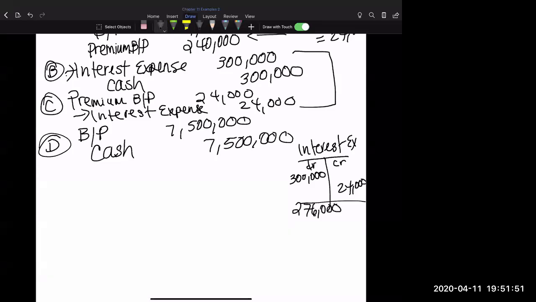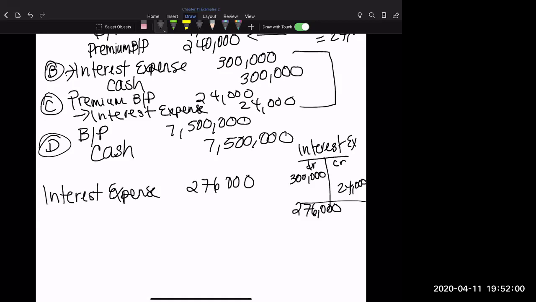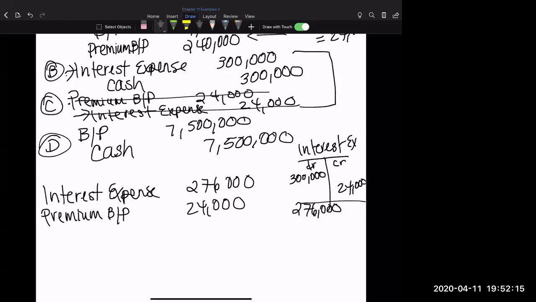So that's how I'm going to write my journal entry. My interest expense is 276,000, and that takes care of that. Then I have the premium, another debit, so I have my premium on bonds payable in the amount of 24,000. That takes care of this one, this one, and this one, and the last one I have left is cash.